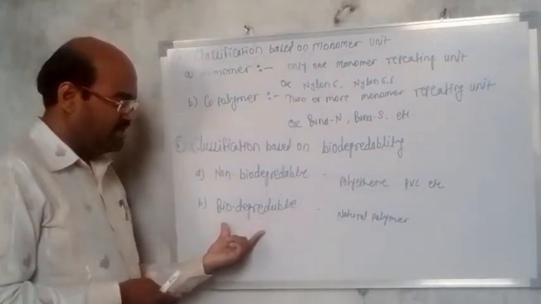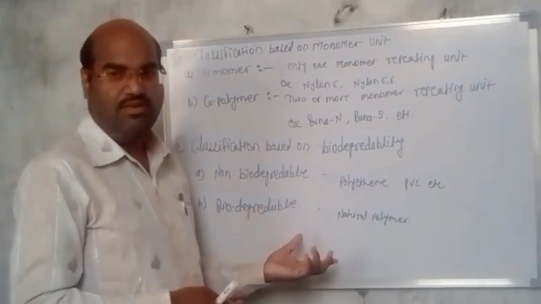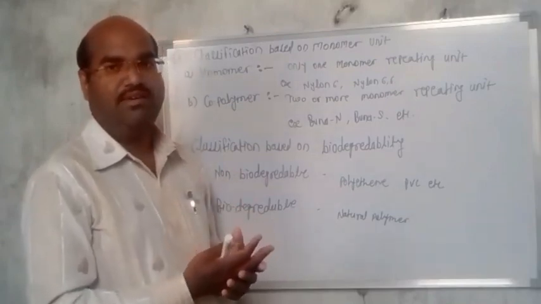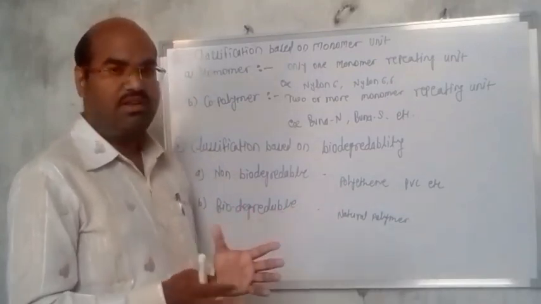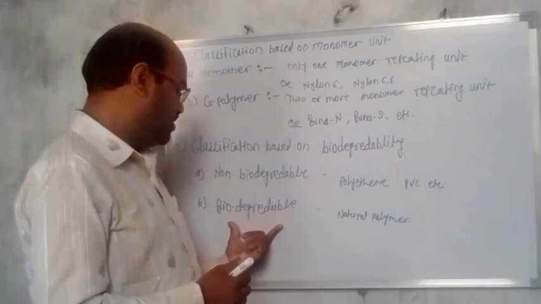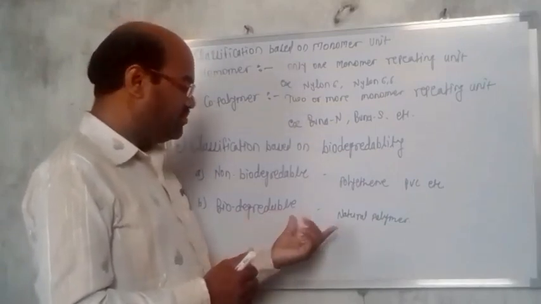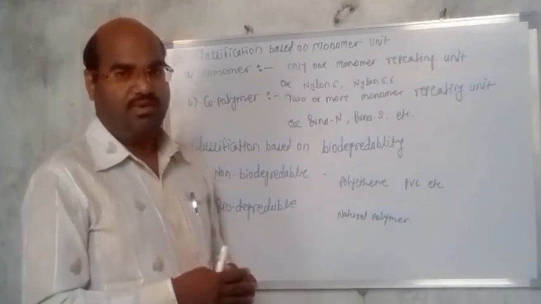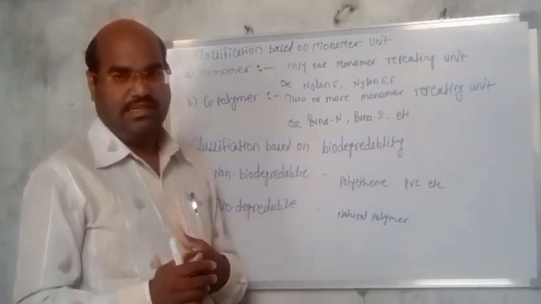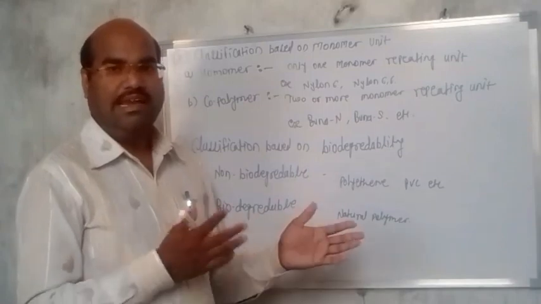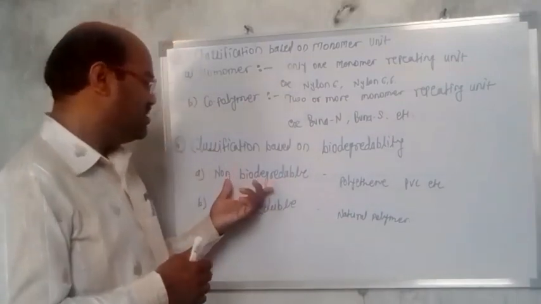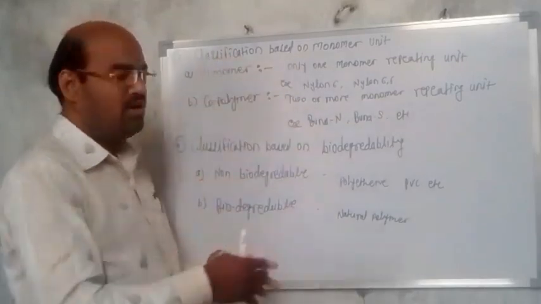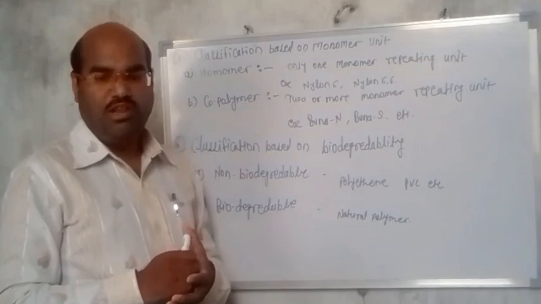And biodegradable materials, so when they are degraded by the environment or environmental bacteria or some environmental natural chemical reaction, so this is called as the biodegradable polymer. So natural polymers are generally biodegradable polymer. They degrade easily. Suppose cotton, wool, they are degraded after some time. But synthetic polymer, they do not degrade. So these all are about the classification of polymers.